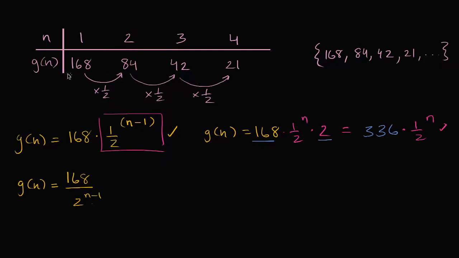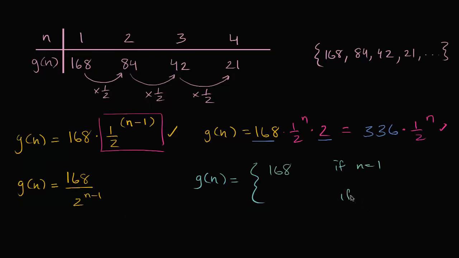Now, can we also define g of n recursively? And I encourage you to pause the video and try to do that. In a lot of ways, the recursive definition is a little bit more straightforward. So let's do that. I'll still stick with g of n since it's on this table right over here. g of n is equal to, when n is equal to 1, we're starting at 168.